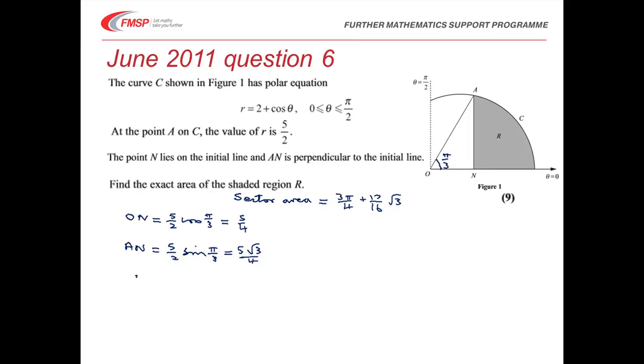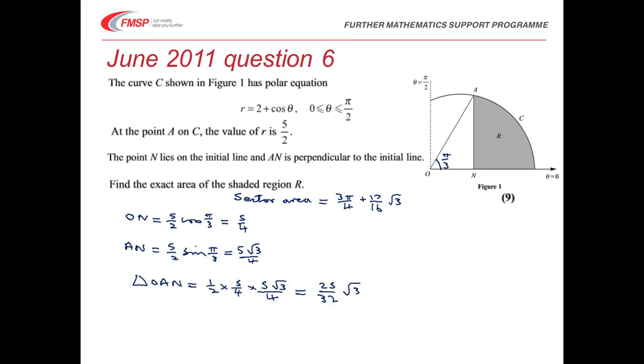Therefore the area of the triangle OAN can now be found, half times the base times the height, which simplifies down to 25 over 32 root 3.